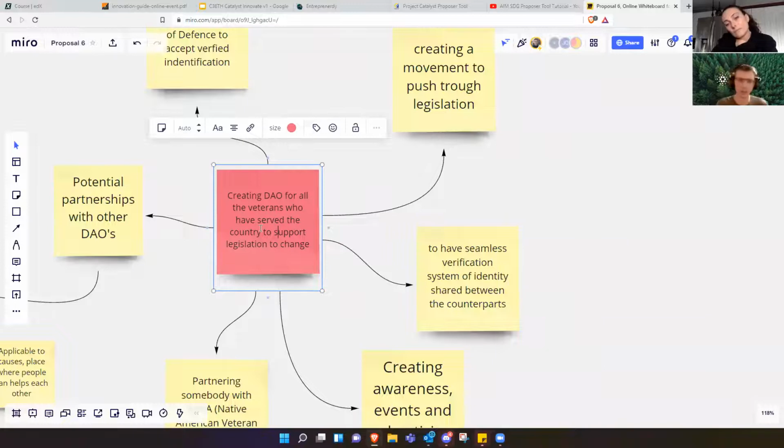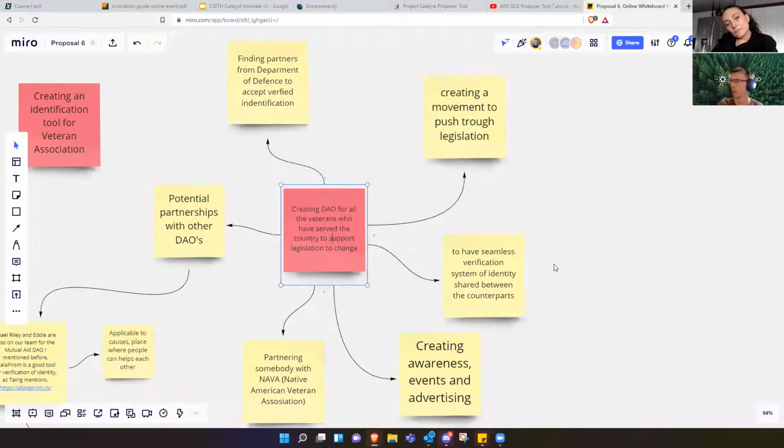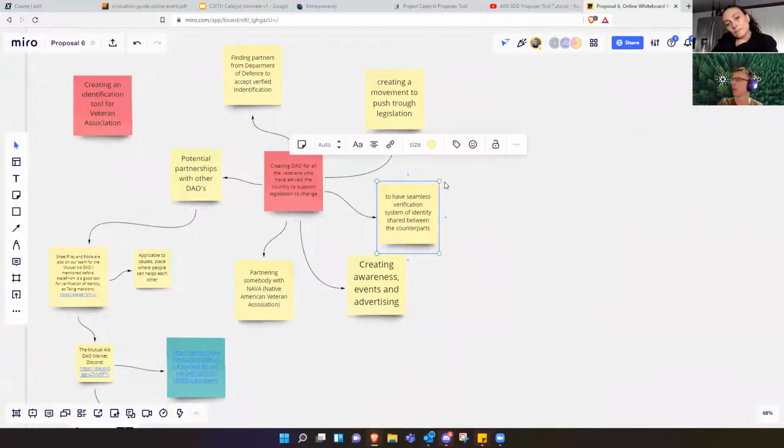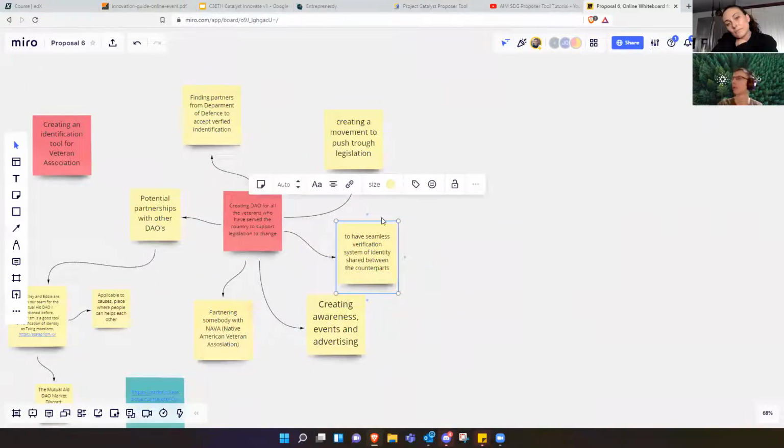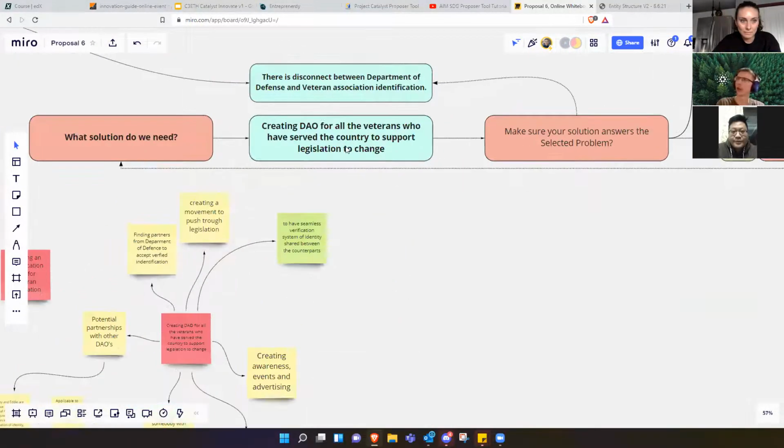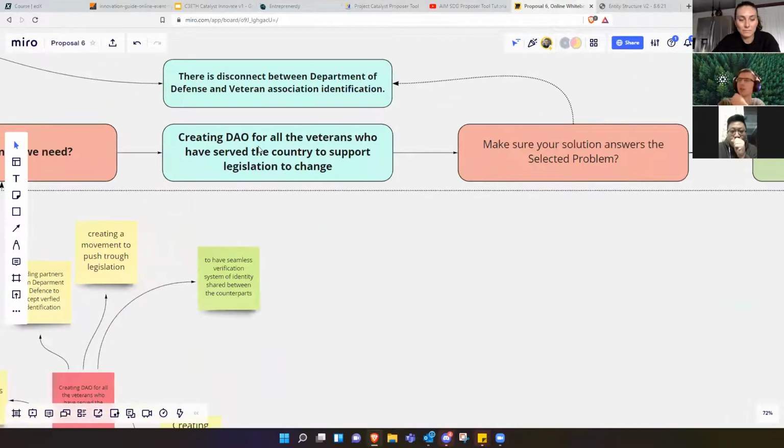But in the detailed plan, if you put it in a sticky, we can select the most important ones here and bring them into the detailed plan. So we have the problem statement: there is a disconnect between Department of Defense and Veterans Administration identification. And our solution is creating a DAO for all the veterans who have served the country to support legislation to change.